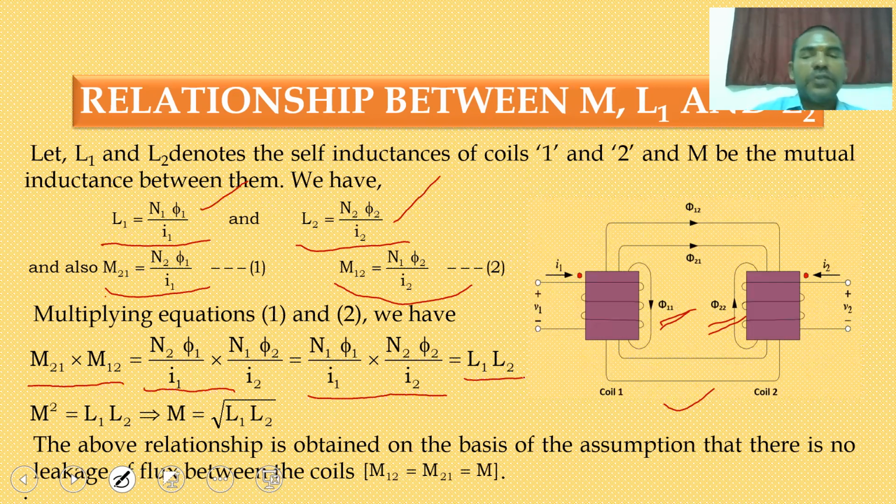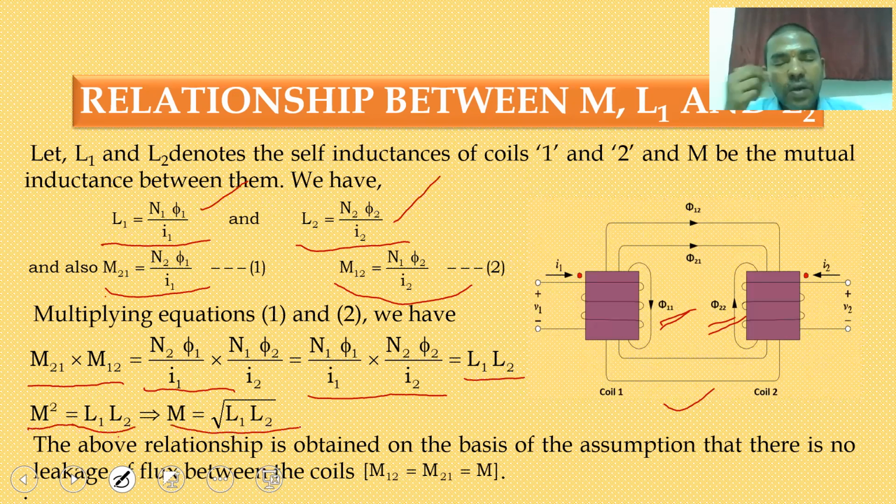If you assume both currents are constant with the same values, then M12 must be equal to M21. Let us call it M, the mutual inductance. So M square is equal to L1 L2, or M is equal to root of L1 L2.